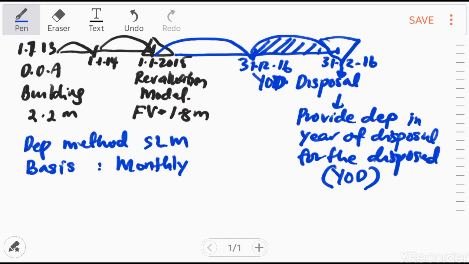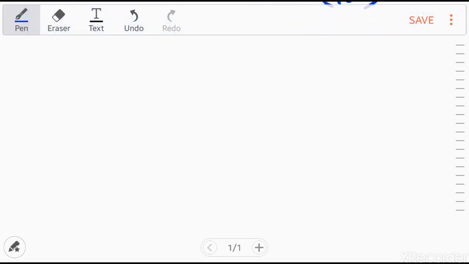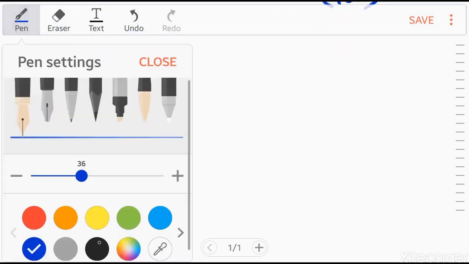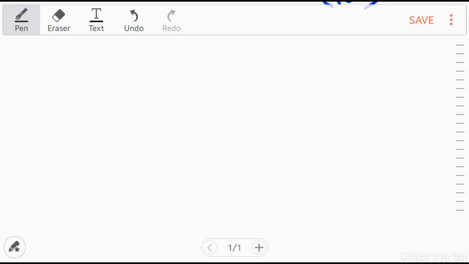So that is what happened. So let's start by looking at the working for the revaluation, so that we can find the surplus or deficit, then only we'll be looking at disposal. So we're going to look at the revaluation model.